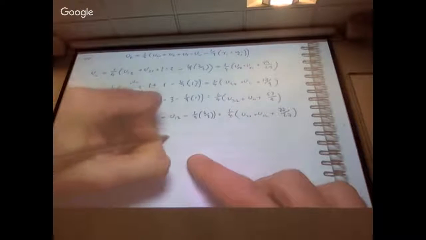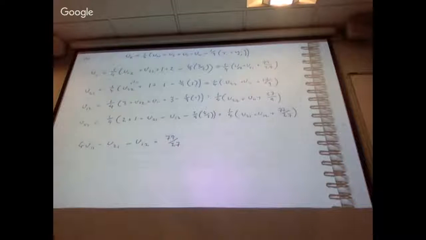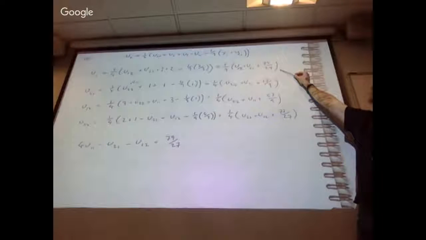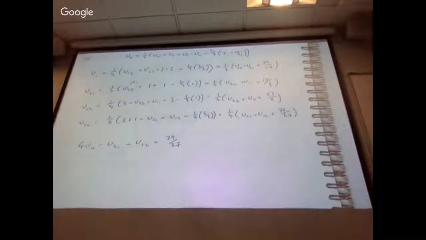That'll equal 79 over 27. So can you see where that comes from? That's just this one. Multiply both sides by 4. Take all the u's over to the other side. You leave the known values on the right.